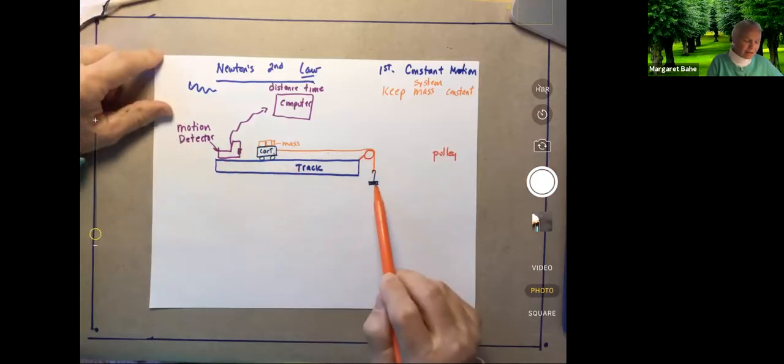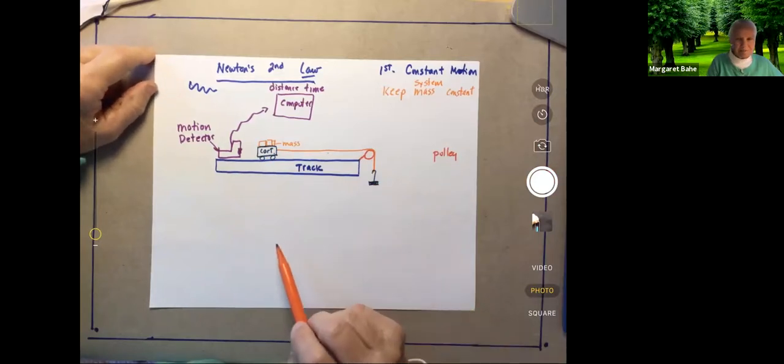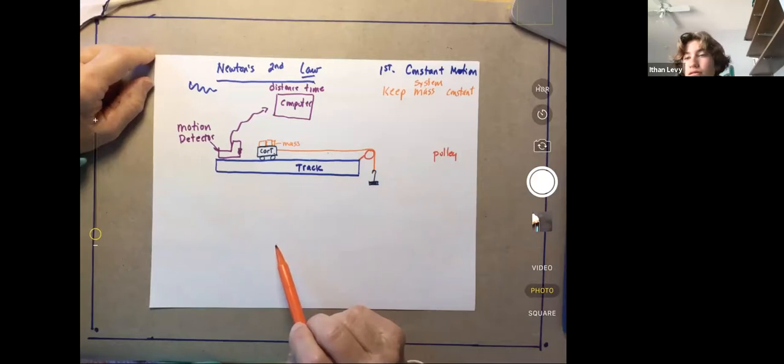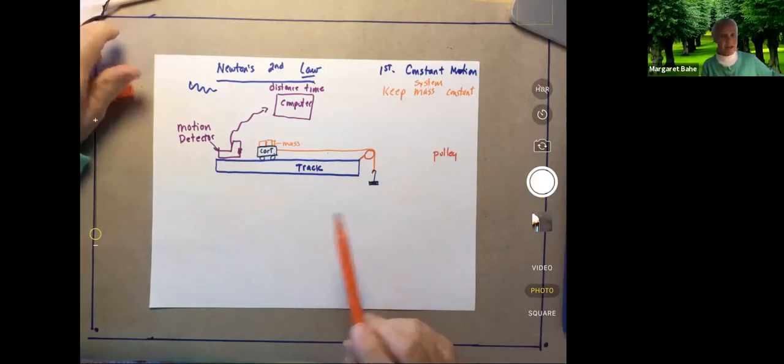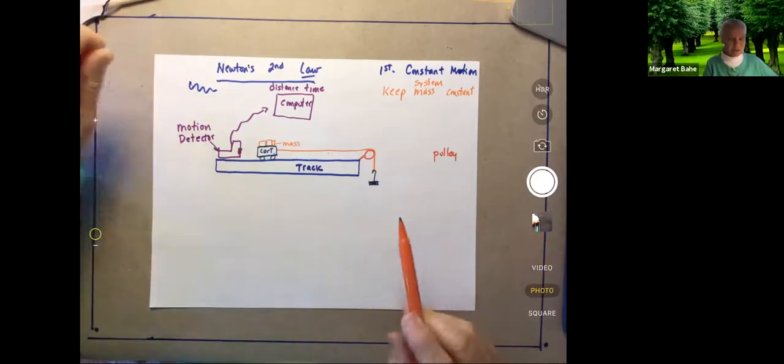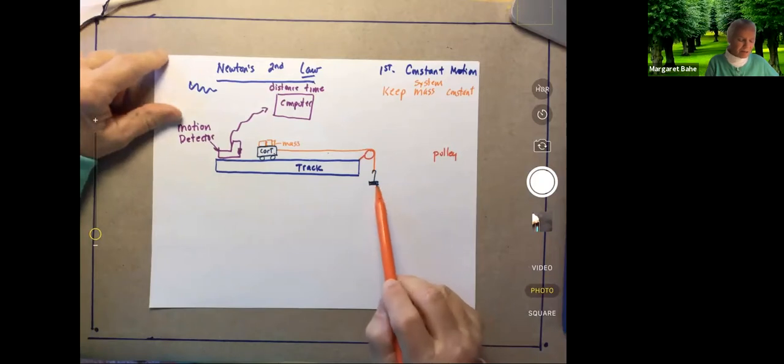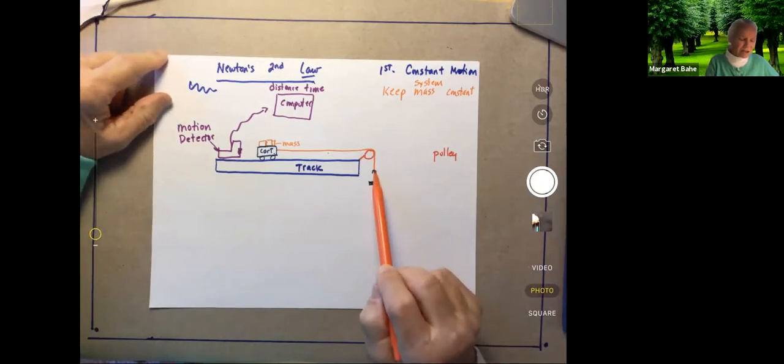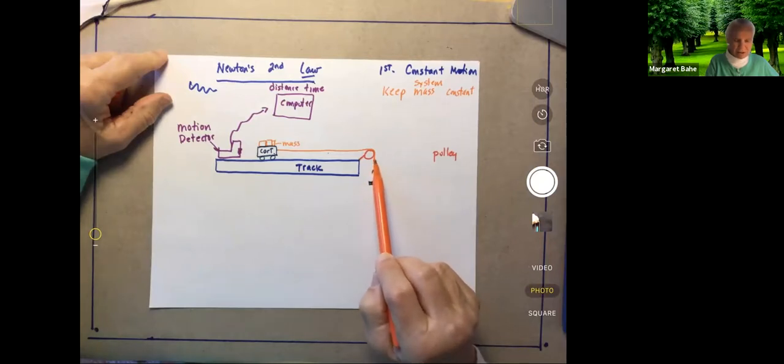And so this pan, what force is acting on that pan? Tension. Well, kind of, Daniel. Go ahead. So you said tension because this pan is going to pull on this string, right? Yeah.